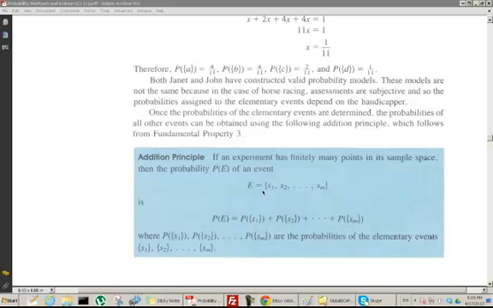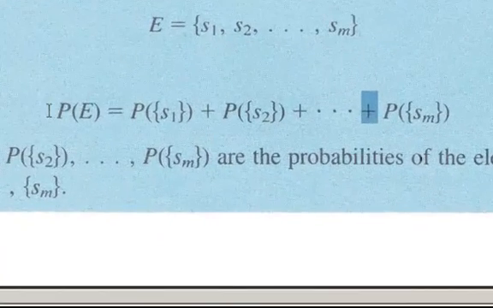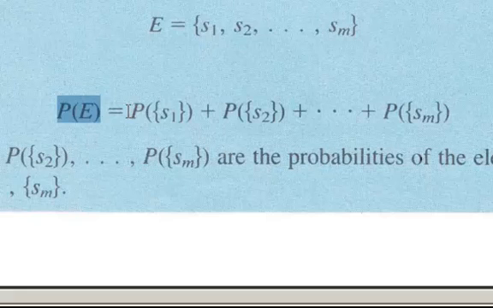So it's the probability of a union. But if you think about it, each of those are disjoint from each other. So we can change union to plus, and that's where this plus comes from. I can't really write here, so I can't say it very clearly, but I hope you understand that. So anyway, the probability of an event E is obtained by doing this.